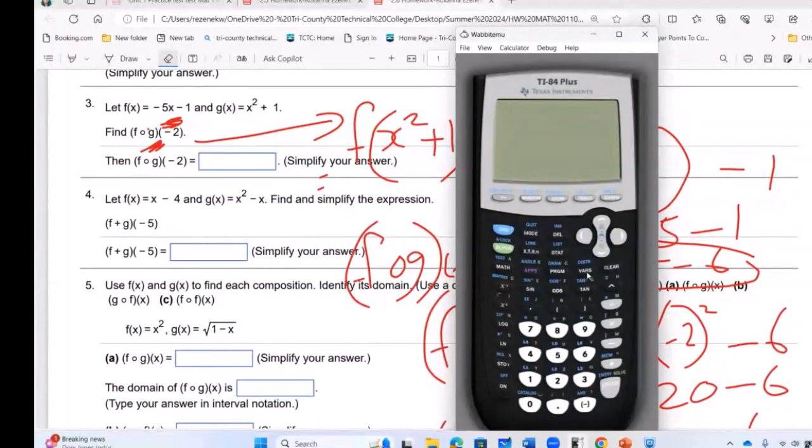F of x is in y1, representing the inverse function y1. You bring down y1, and then you substitute y2 there. And y2 has your g of x, the inverse function y2.